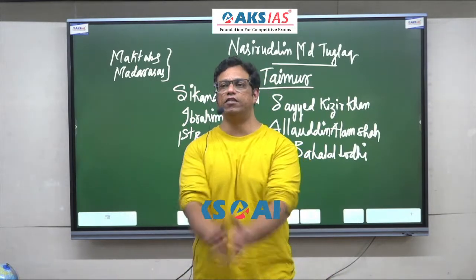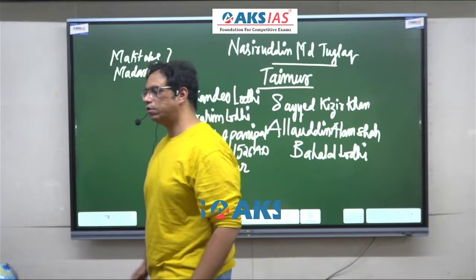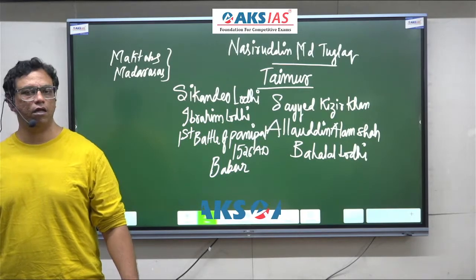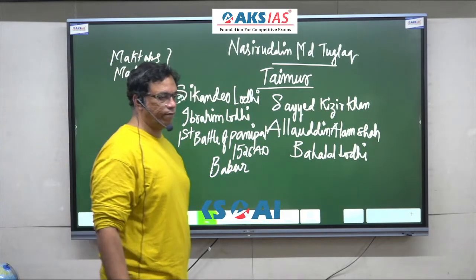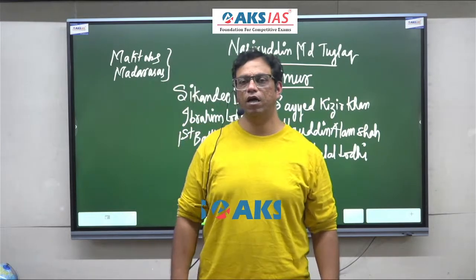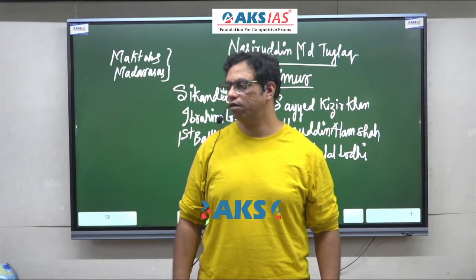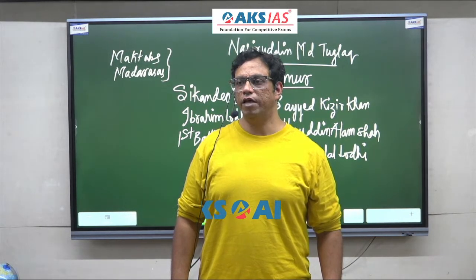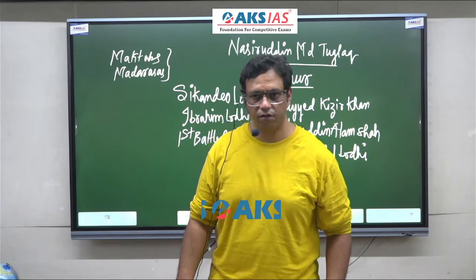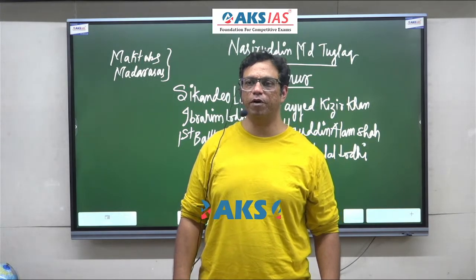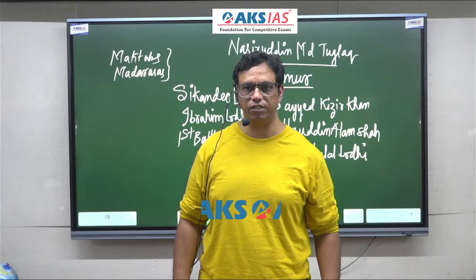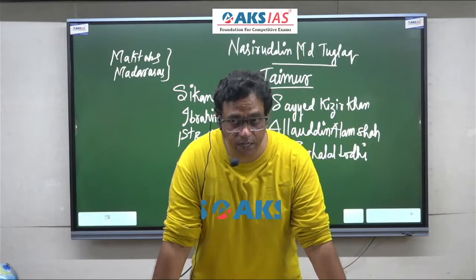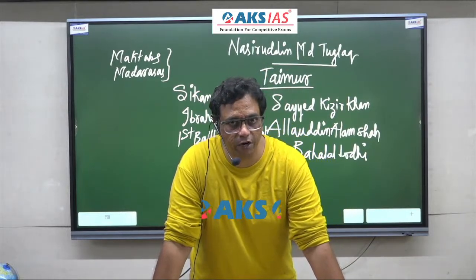The rulers of Delhi Sultanate were not sovereign, not independent. They were subordinates under the Khalifa. So every time they had to take permission of the Khalifa for all the crucial decisions. They had to convince the Khalifa. Is that clear to you? They were not sovereign rulers.